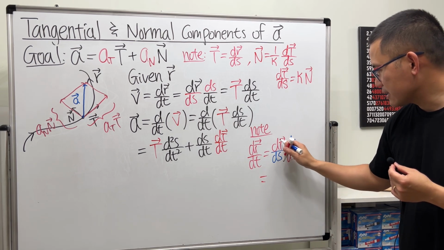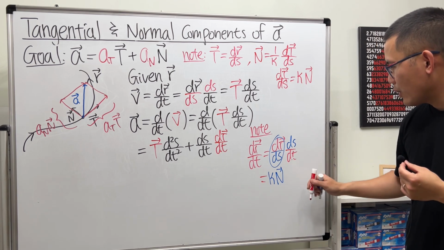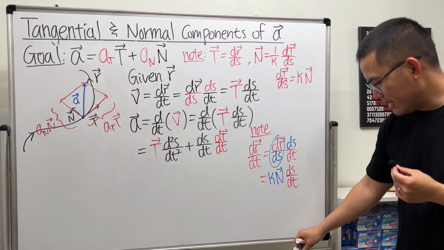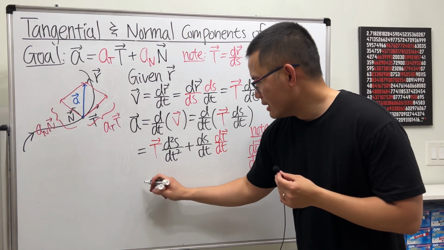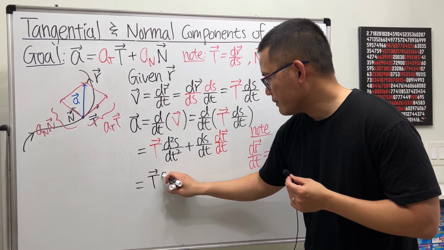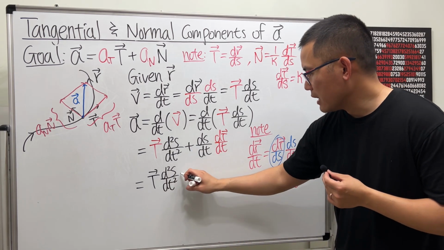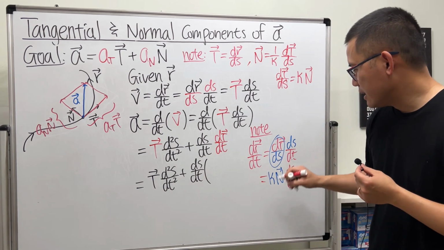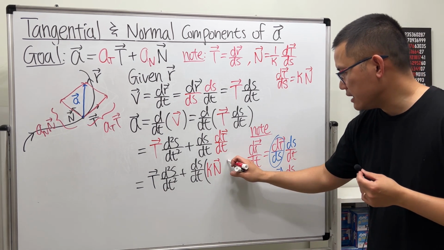So you can say that it's kappa times N, and then right here, we have ds/dt. And that's exactly what we are going to use right here. So this is going to be T times d²s/dt² plus ds/dt times kappa N and also ds/dt.